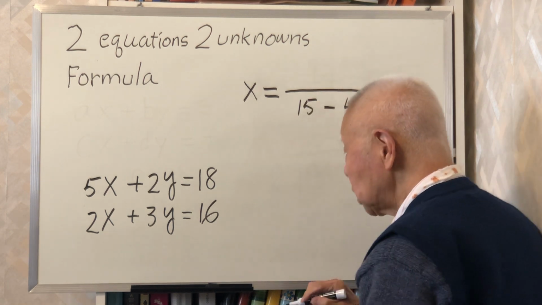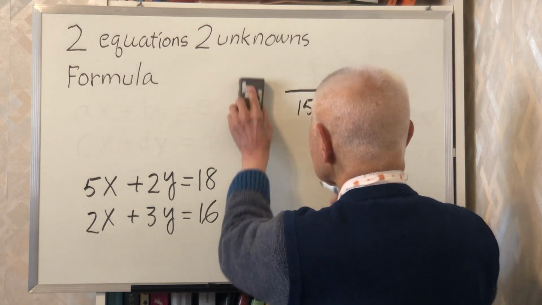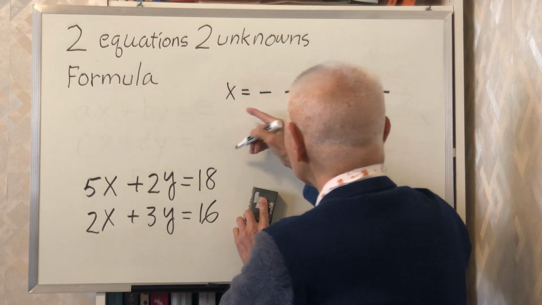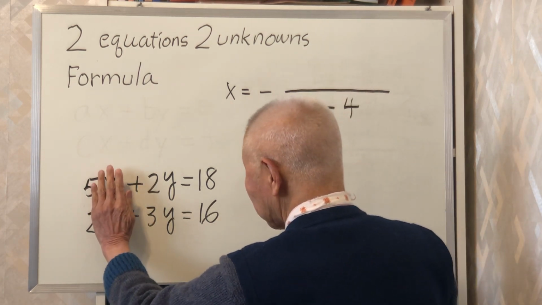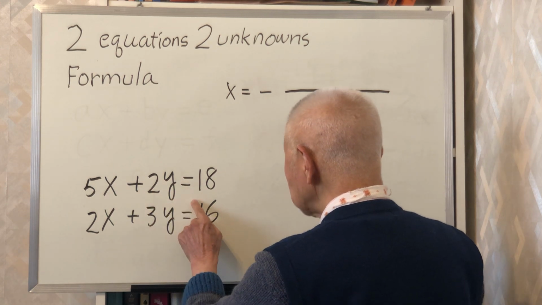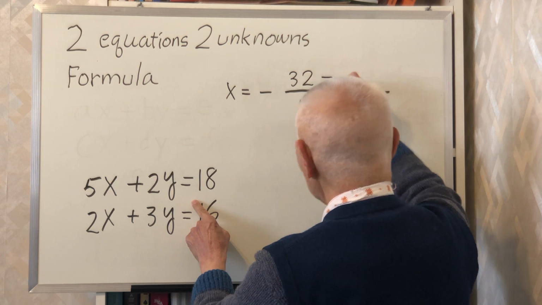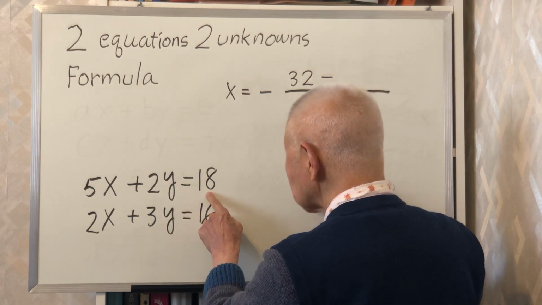The numerator, I need a negative sign. Sorry, I forgot that. For x, I need a negative sign. Do not look at x. So 2 times 16 minus 3 times 18.